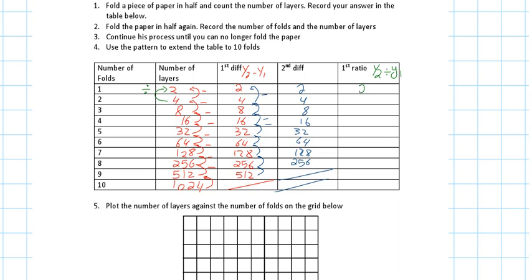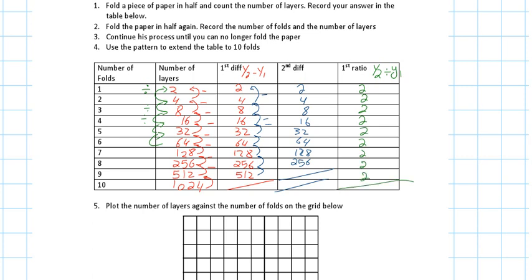What's 8 divided by 4? 2. What's 16 divided by 8? 2. Right? What's 32 divided by 16? What is 64 divided by 32? 2, 2, 2, 2.